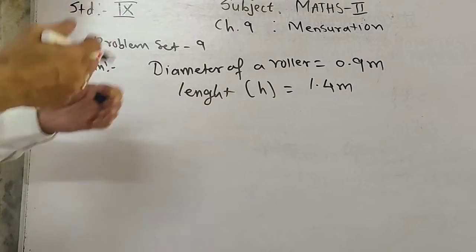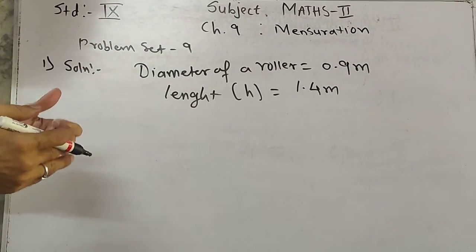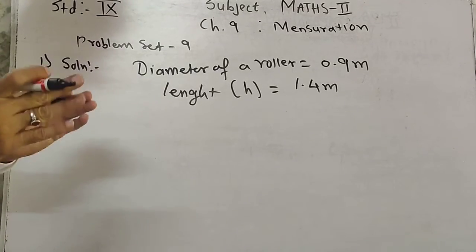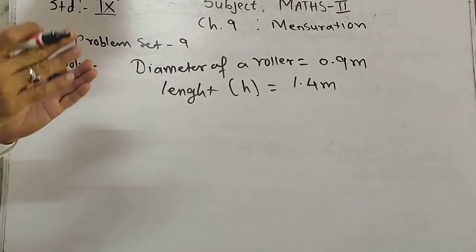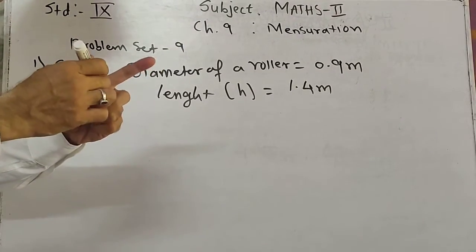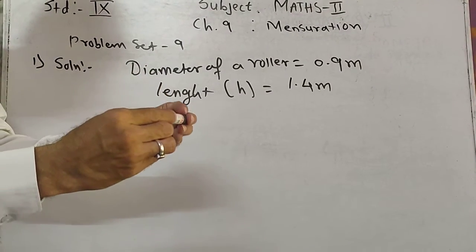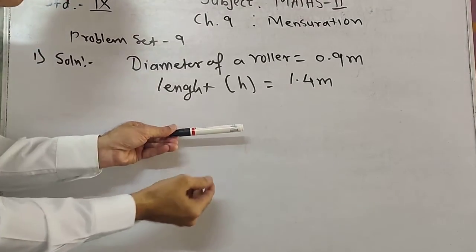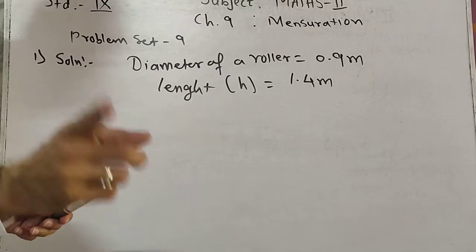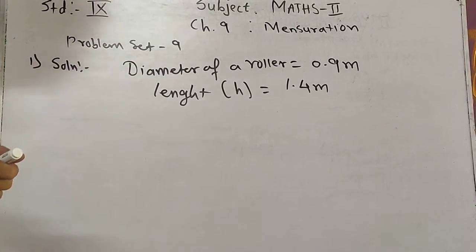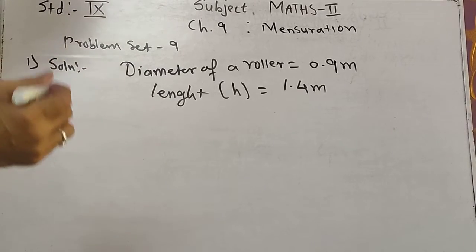How much area will the roller cover in 500 rotations. So first of all we will find out how much area is covered in one rotation. In one rotation, how much area will be covered. So for that you will use the formula of curved surface area. So curved surface area of the roller you will use.